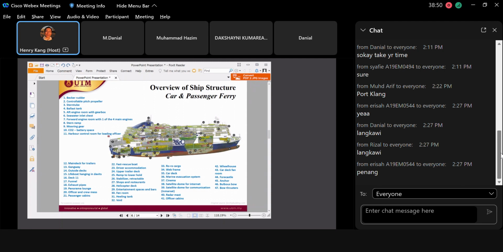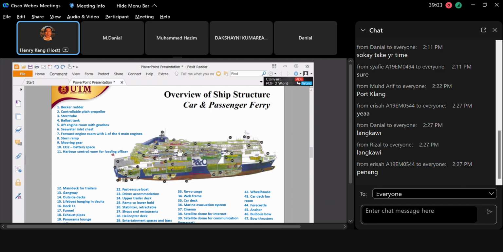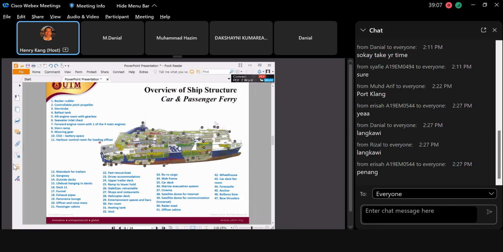It looks amazing, but similar ferries we also have in the United States, in New York. I have been in New York for a few summers when I was studying in the US.